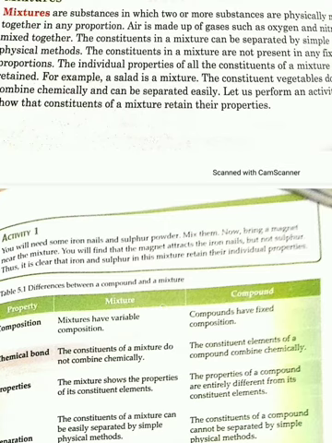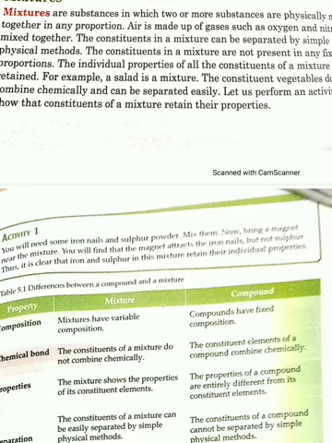As air is made up of gases such as oxygen and nitrogen mixed together, the constituents in a mixture can be separated by simple physical methods, and they are not present in any fixed proportion. So we can take the example of air, or of a salad, or anything in which all the components are mixed randomly.